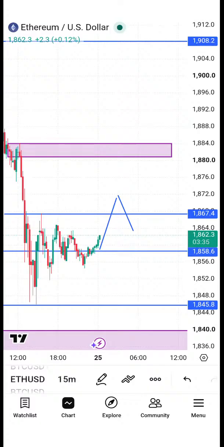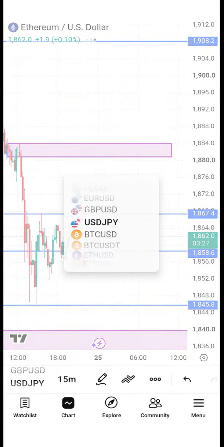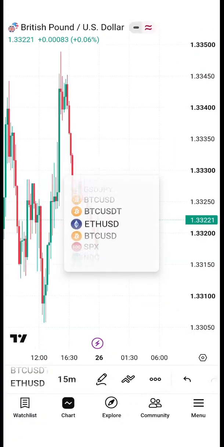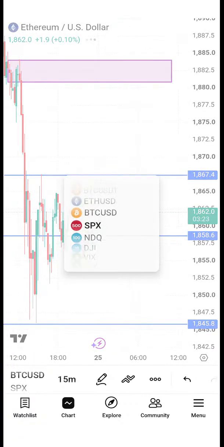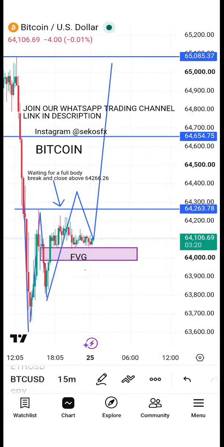Then ETH USDT. ETH USDT. Do I have it here? Let's just check Bitcoin. What's happening on Bitcoin? ETH USDT.